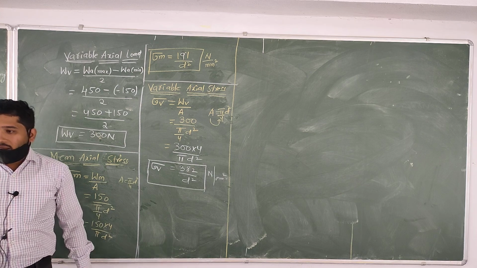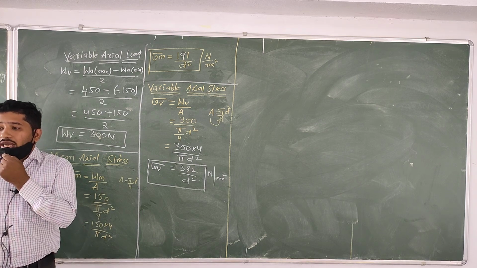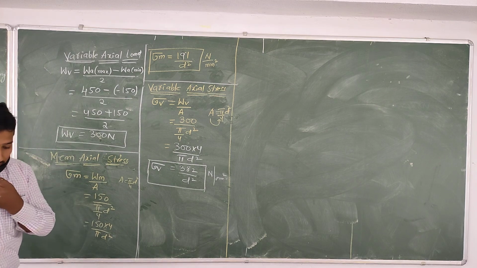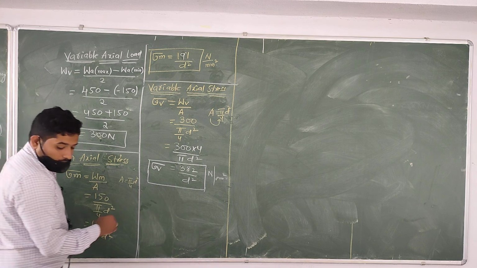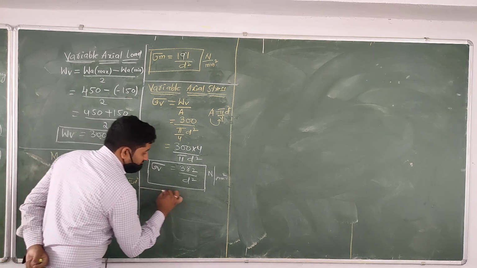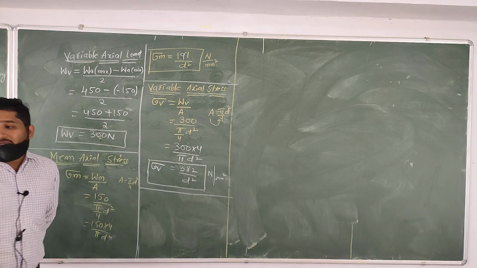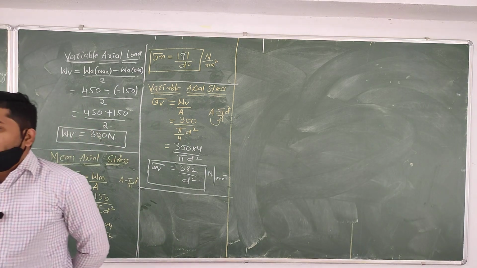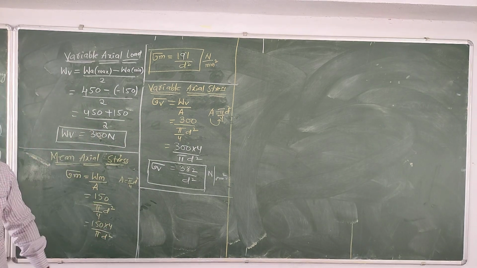Again, what do we need to find out? We need to find out the stress concentration factor. If you want to find the stress concentration factor, which formula do we have to use? Kf is equal to 1 plus q into Kt minus 1. Is it right?